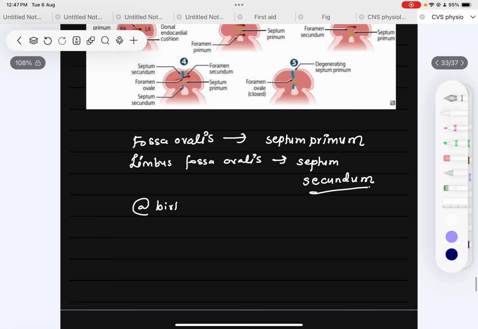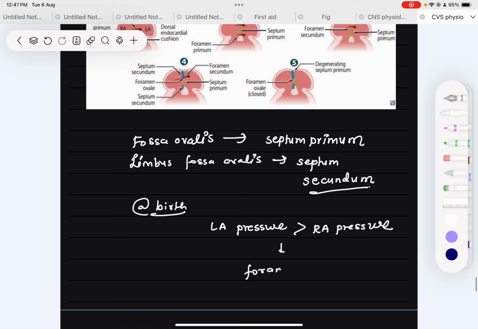At birth, what will happen? The left atrial pressure will be more than right atrial pressure, and this foramen ovale will close.